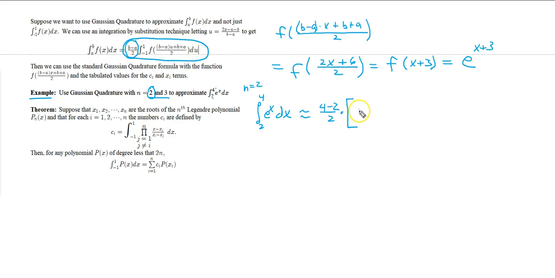So it's going to be c1 times e to the, and what I have to replace for the x right here, -1 over root 3 plus 3, and then 1 times e to the positive 1 over root 3 plus 3, like that.